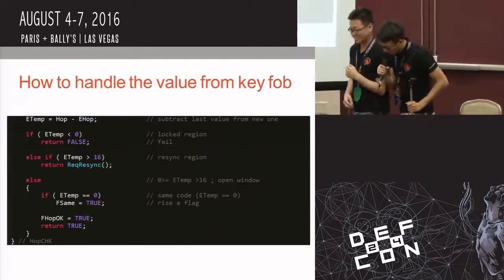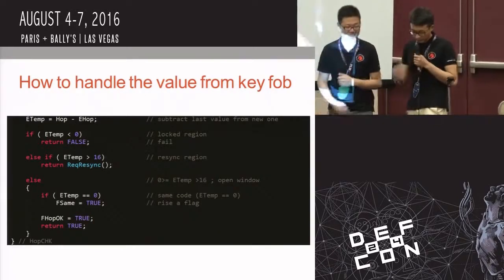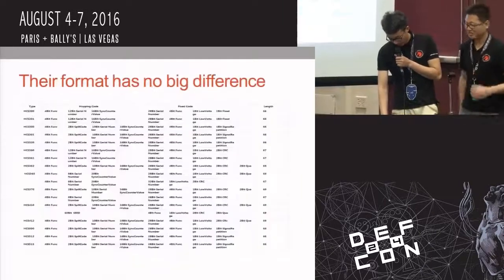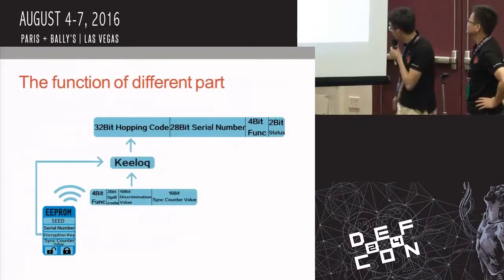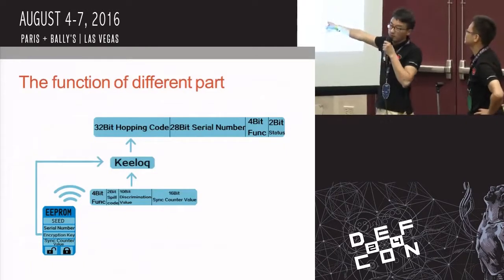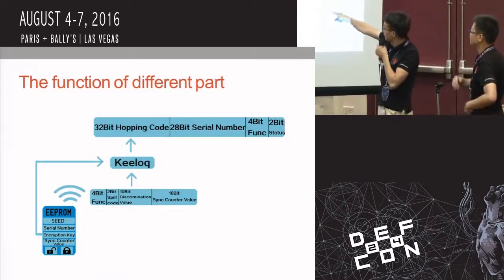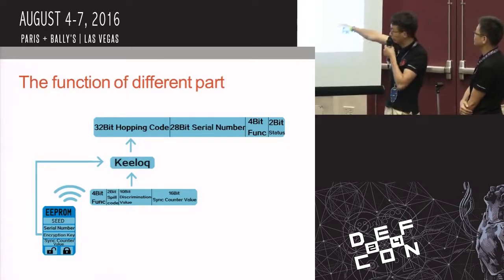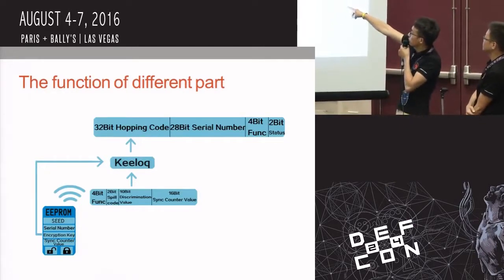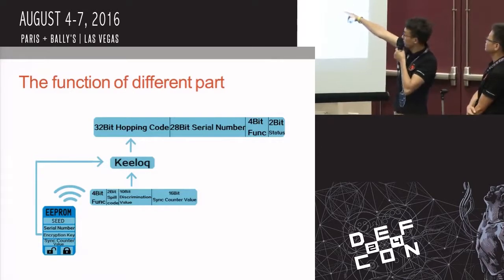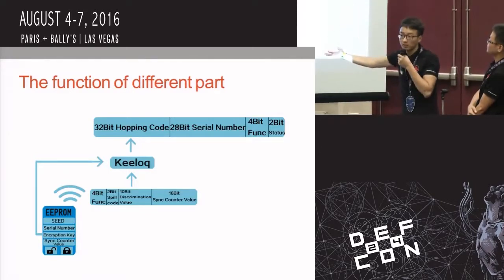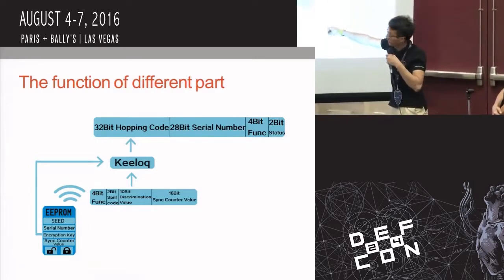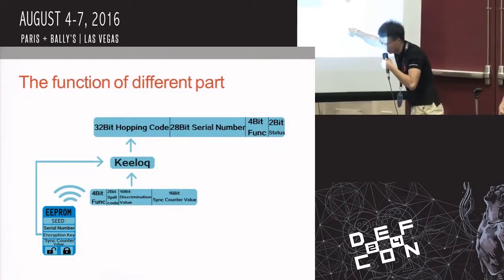Okay, actually, I think there's a misunderstanding that your confusion comes from. The value I explained from top down, the 32 bits hopping code, is the result of using the KeeLoq encryption algorithm to encrypt the content.